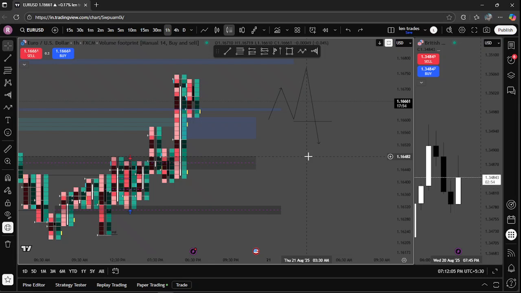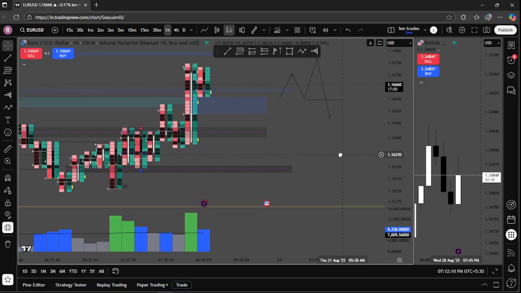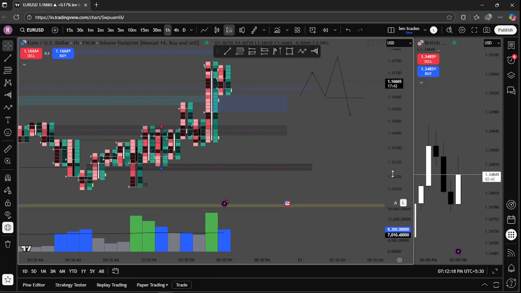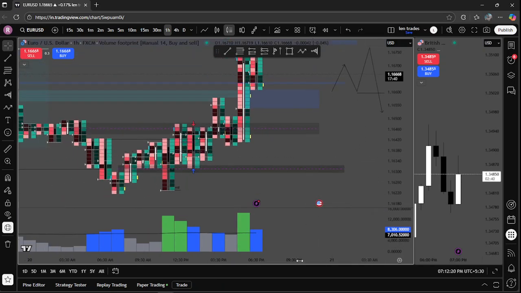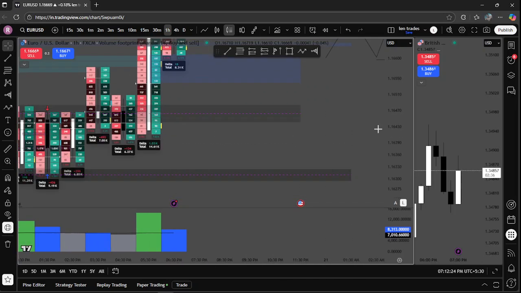Alongside this, we need heavy volume to come into the market. Heavy volume means there was a lot of participation in the market, which I have already explained. Besides that, there is another thing you would like to see: heavy delta, something like this.